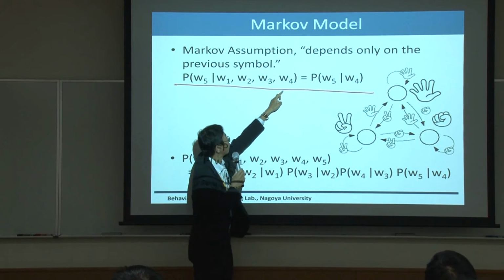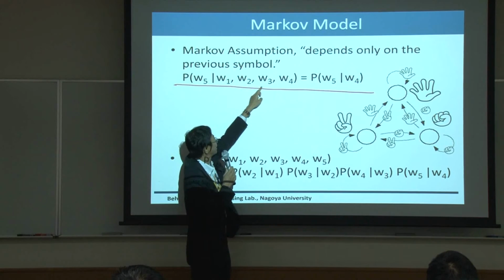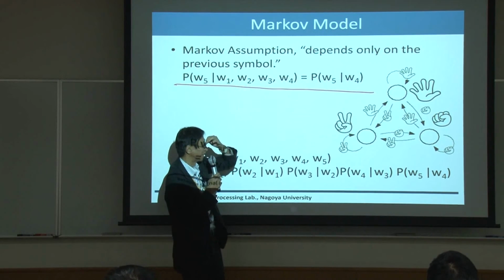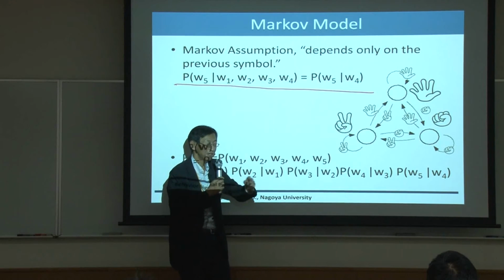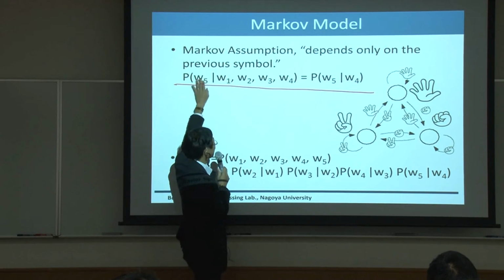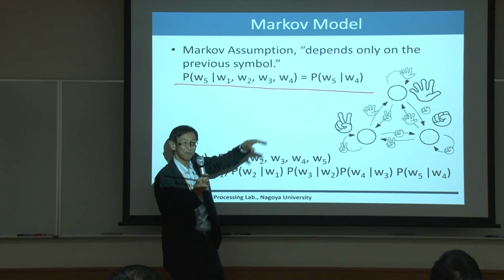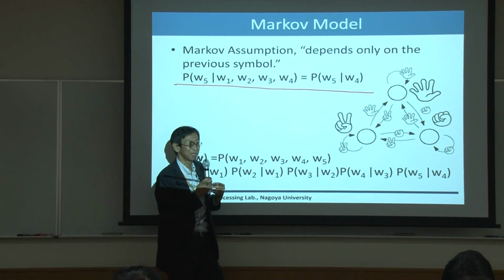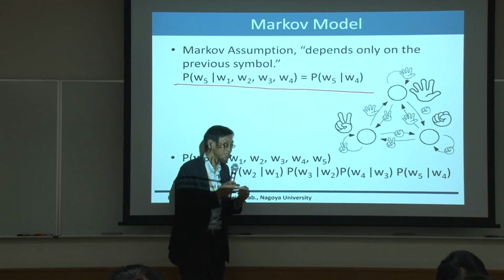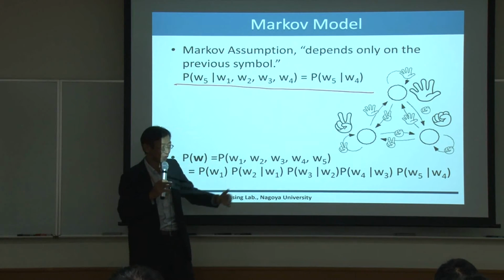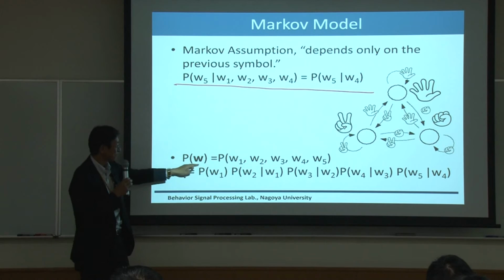And all those three earlier observations should be disregarded for calculating this, which gives you a very simple way to calculate the probability of a stochastic sequence of very long length like this.